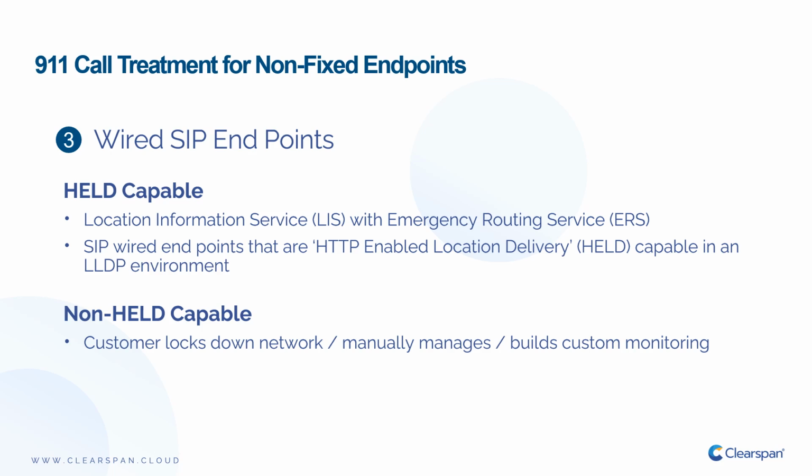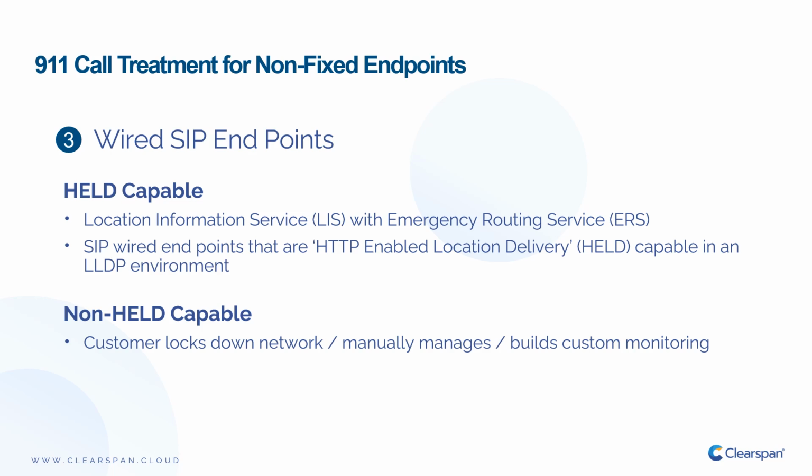I will provide more detail of the interactions of the phone with the LIS using the HELD protocol in part 7 of this series, but effectively it's mapping your network components to a dispatchable location in the Intrado LIS service, and the HELD capable phones discover their location in that network.